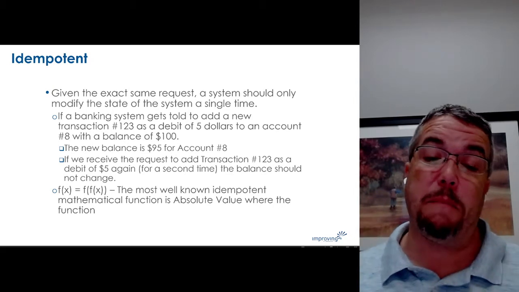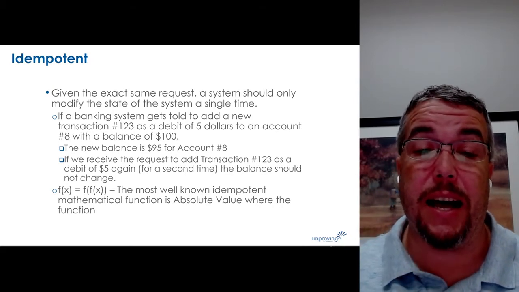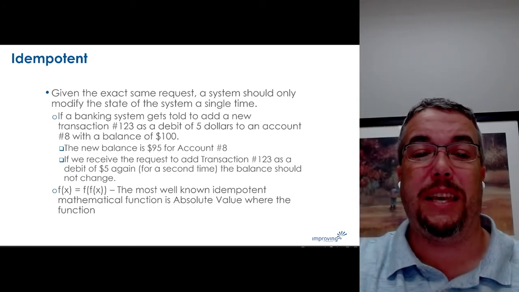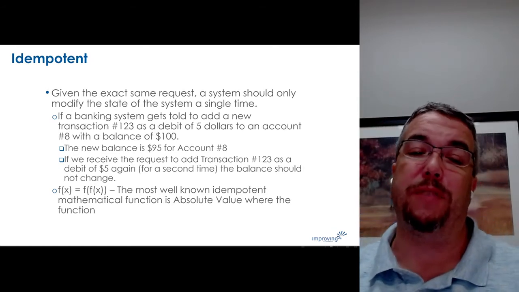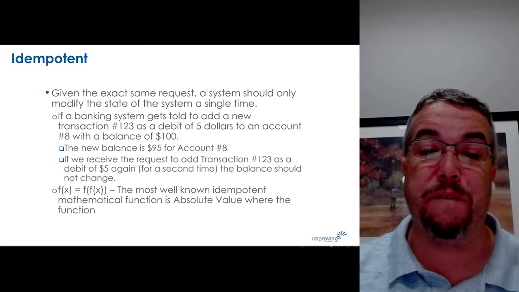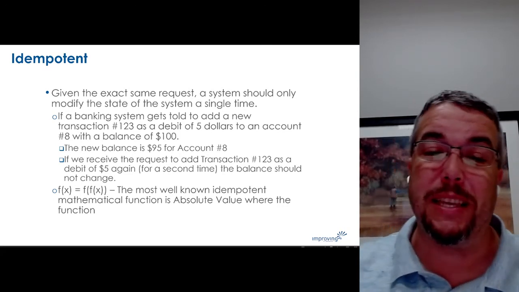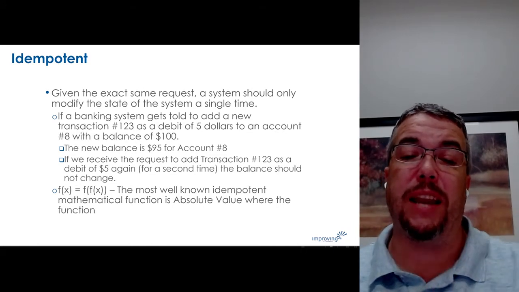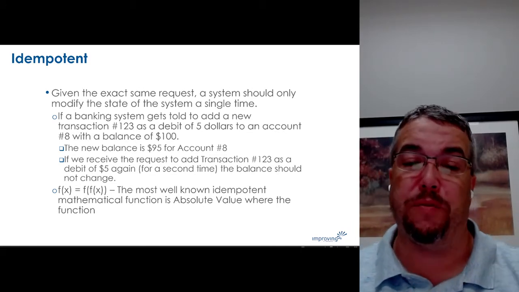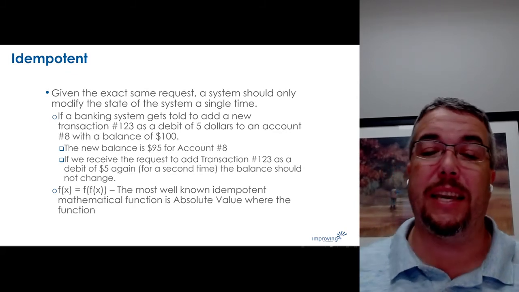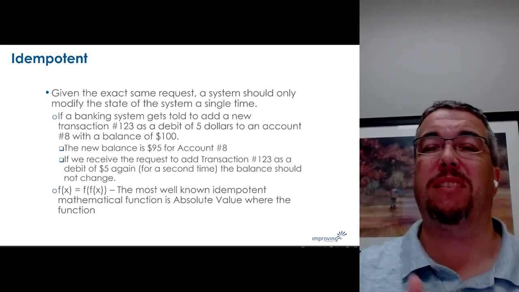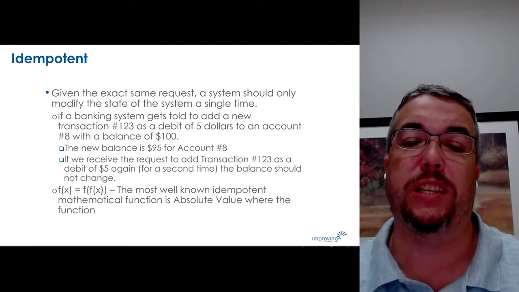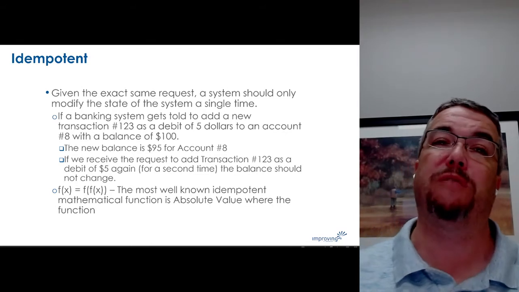Idempotent is actually a mathematical term. The technical mathematical definition of this is that a function given x should be the same as the function given x given to the function itself. In math, the most common function that people are aware of that functions as an idempotent function is the absolute value.